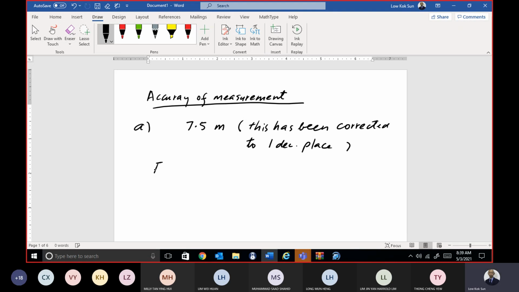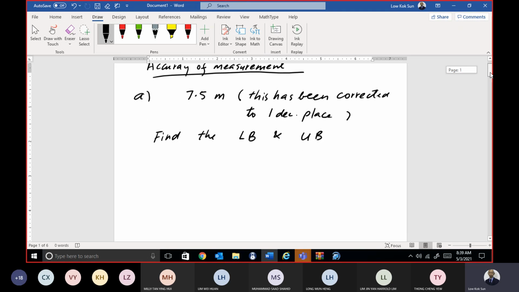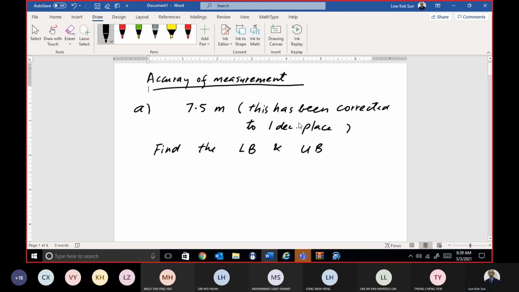So you're asked to find the lower boundary, I just write LB, and the upper boundary. I know some of you are not sure what to do yet, but I think the majority of you know very well because you have done this in secondary school.